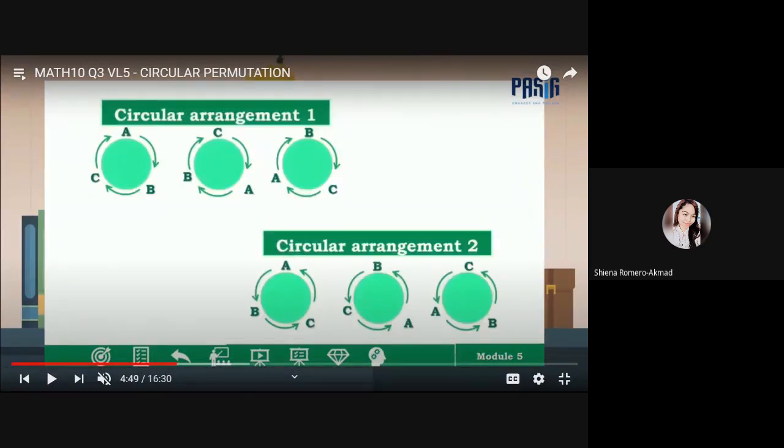So, looking at the three arrangements, dun sa pangatlo, nagbago sila ng pwesto, pero kung sino yung nasa kanan nila, yun pa rin, or nasa kaliwa. Yung nasa kaliwa ni B ay si C pa rin, ang nasa kaliwa ni C ay si A pa rin, ang nasa kaliwa ni A ay si B pa rin. So, kung titignan nyo yung first circular arrangement dito, nagbago sila ng pwesto, yes.